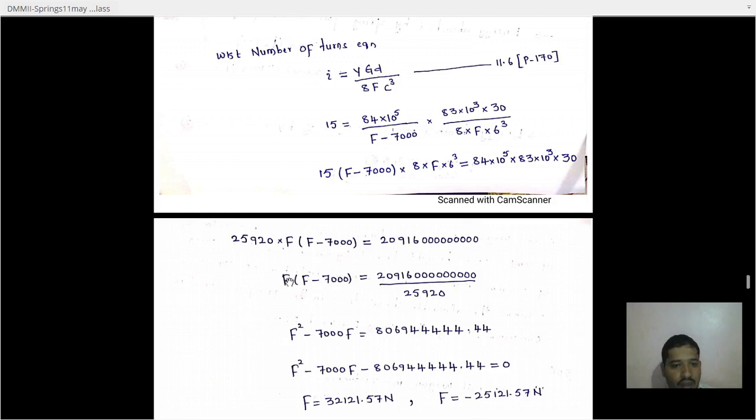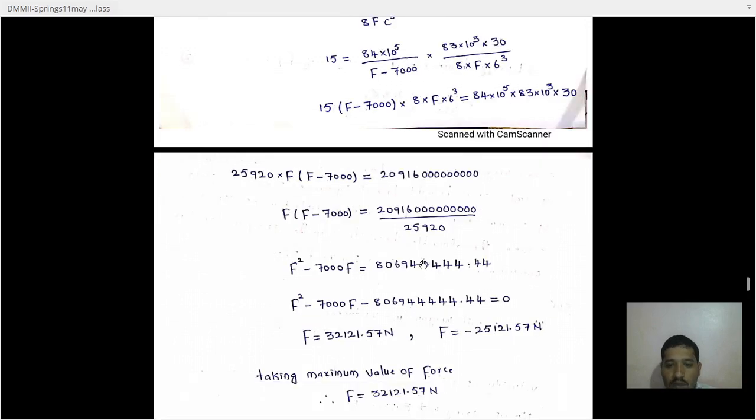After that, divide the whole value, then you will get 8069444.4. After that, multiply force into force: F square, F into F square minus 7000 into F, 7000 F equals 8069444.44. If it is moved toward here, it becomes minus, equal to 0.